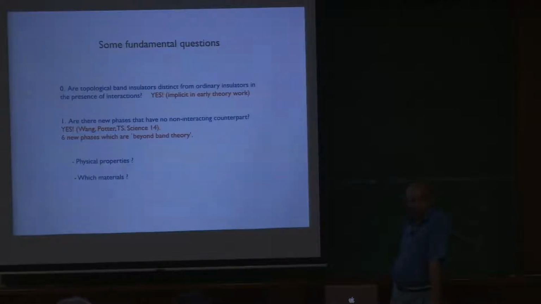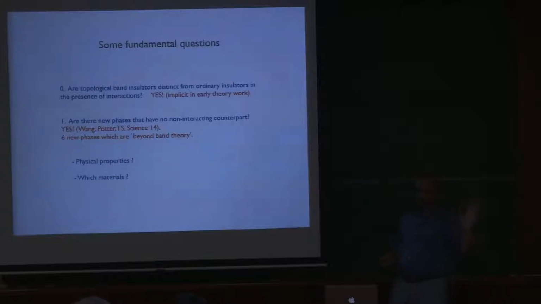Absolutely, that's right. That's absolutely correct. But having gotten it without electron-electron interactions, the question is if you add electron-electron interactions, which are there in real life anyway, then is it still a distinct phase of matter, or is it really not distinct, right? So that was the question for yesterday, right?